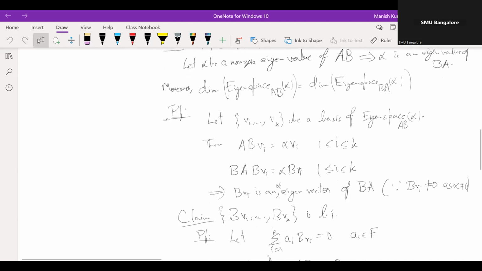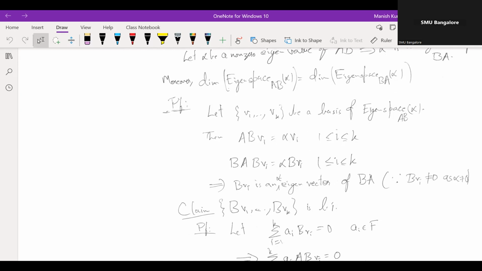So in fact, the claim is that this whole set BV1 to BVk is linearly independent. And once we prove that, it will tell you that the eigenspace of BA with alpha has dimension at least k. Yeah. And similarly, by symmetry we'll get the same for the eigenspace of AB with alpha.